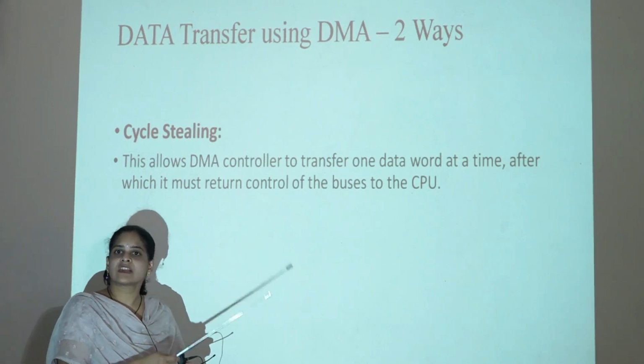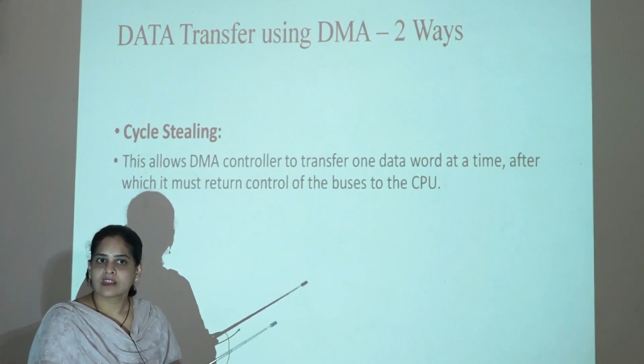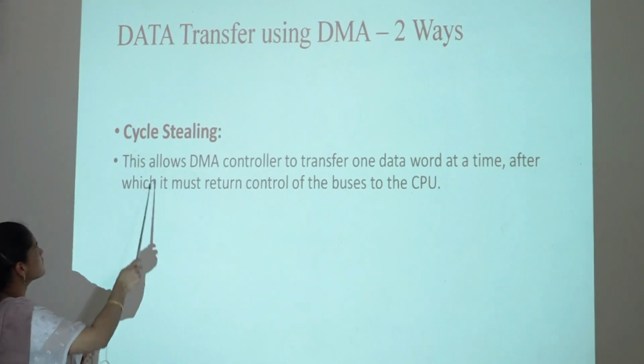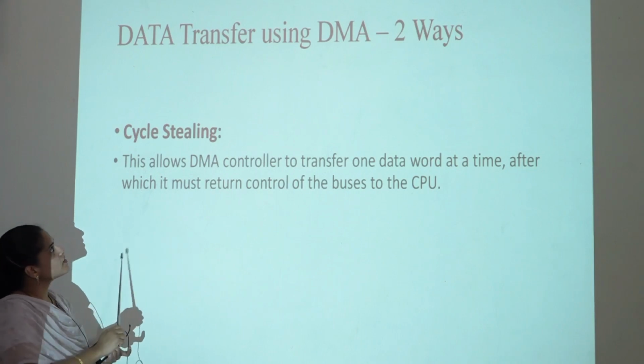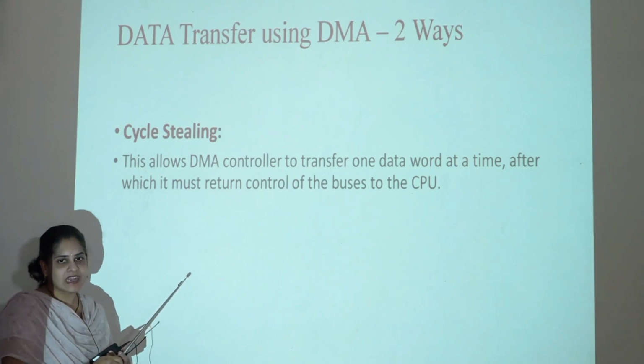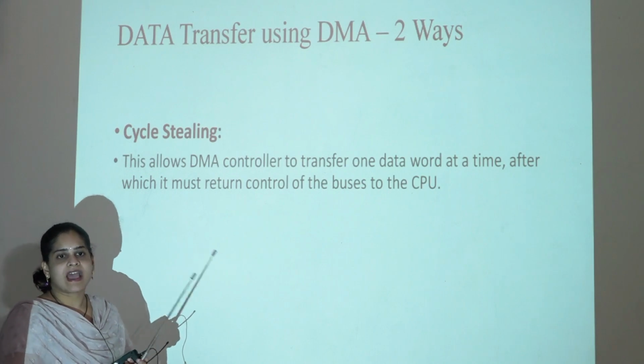Like this, for each and every word that has to be transferred, we access the bus. That is called the cycle stealing mode. So these are the two ways in which data transfer can take place in a direct memory access mechanism.